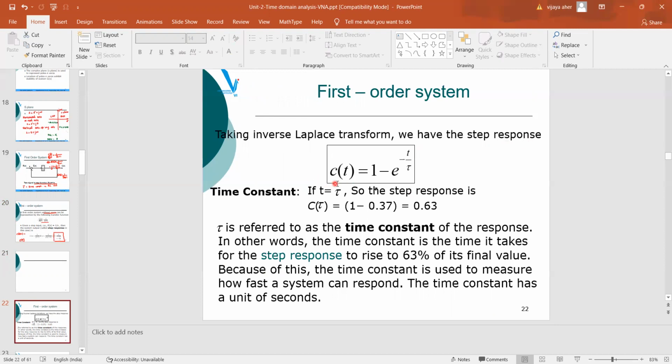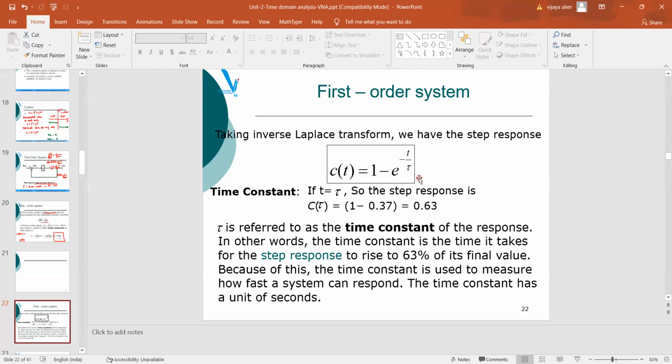C of s in time domain becomes C of t is equal to 1 by s, which is nothing but 1, minus e raised to the power minus t divided by tau. This is the Laplace inverse of 1 divided by s plus 1 by tau. So by taking the Laplace inverse of C of s, you will get this step response equation.